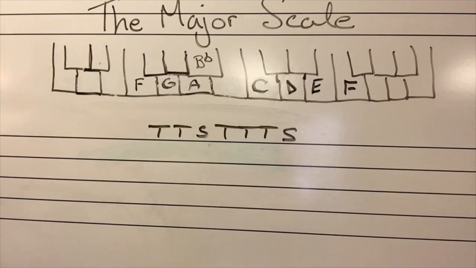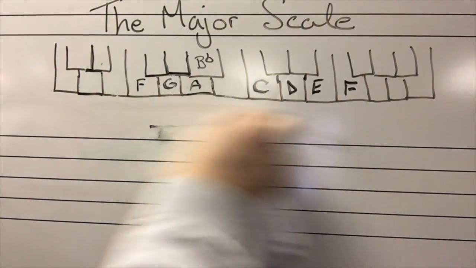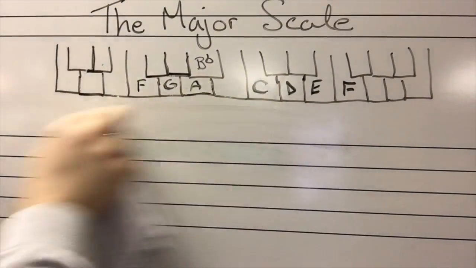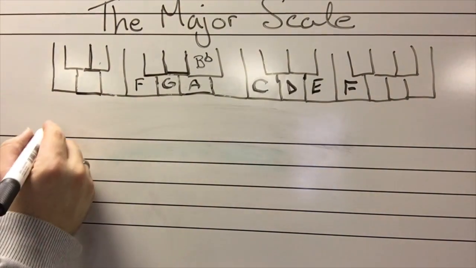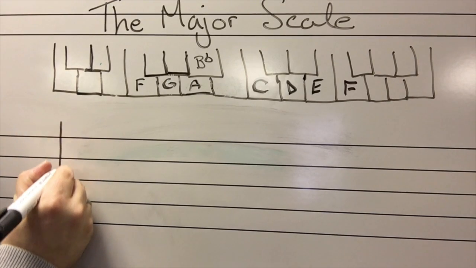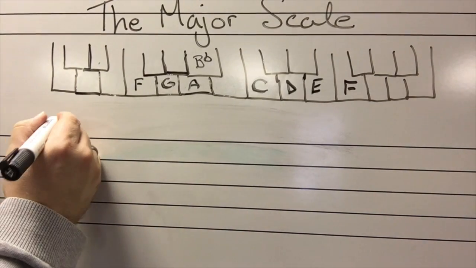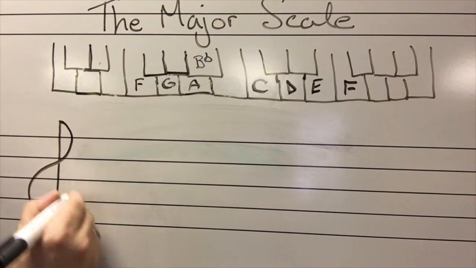Lastly, let's take the scale that we just wrote out, or plotted on our keyboard, and write it out in notes. Here's my treble clef, or you could use a bass clef if you want.